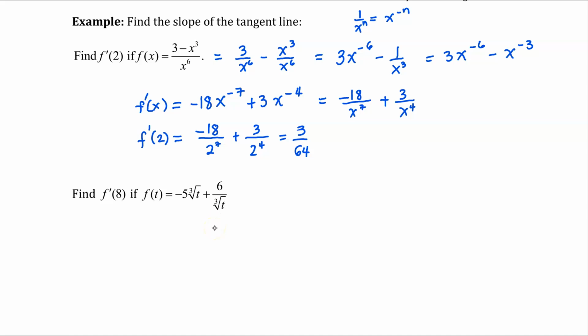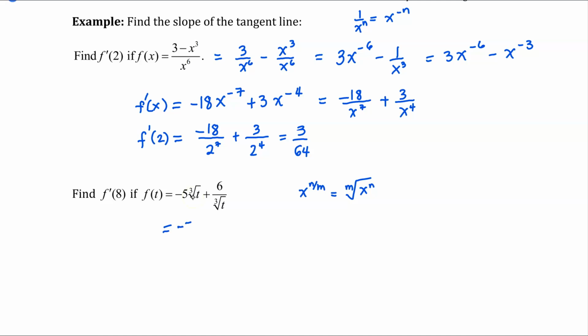In here, we are going to use x to the n over m is just equal to the mth root of x to the n. And we also use the property wherein 1 over x to the n is equal to x to the negative n.